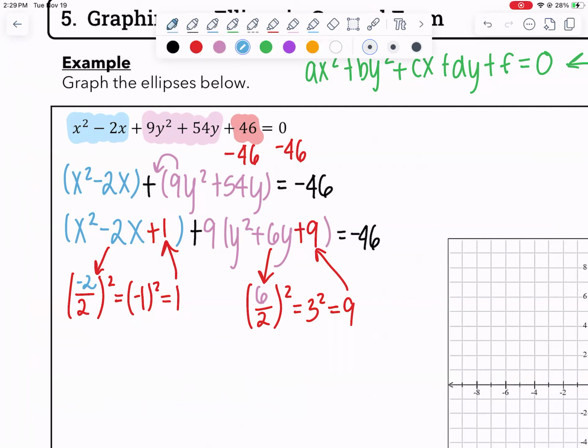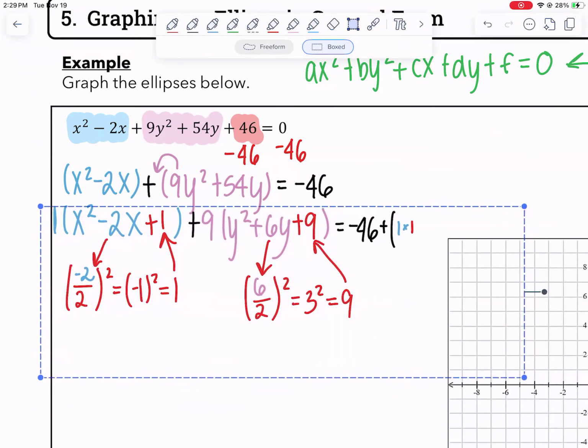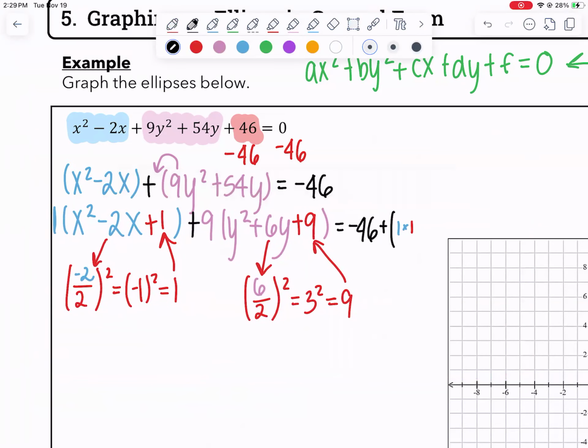Now, I need to make sure that I take care of these red numbers that I added. If you're confused about what you would do for the first one, because there's not a number out front, the number out front is technically 1, right? So it's technically plus 1 times 1. Negative 1 times 1, and then you're also adding 9 times 9.